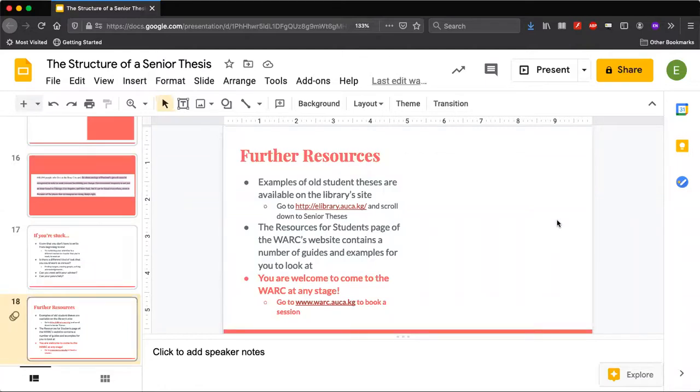They can help you with research skills. They can help you build confidence in your writing, brainstorm, really any part of the process. So I encourage you to book a session sooner rather than later, because close to the deadlines or close to exams, as many of you may not know, the sessions do get booked up very quickly.